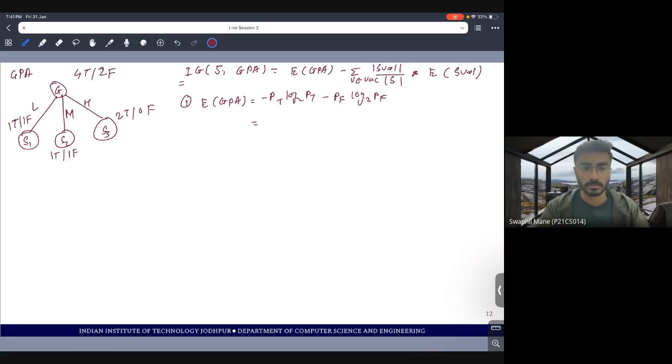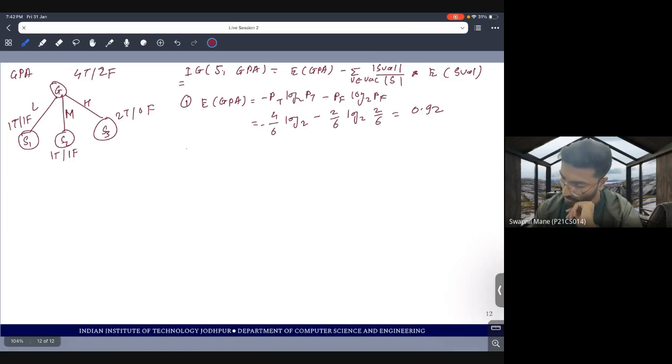So 4 divided by 6 log base 2 of 4 divided by 6, minus 2 divided by 6 log base 2 of 2 divided by 6. We have already calculated this in the previous question, the entropy of the class, and we get the same values here, which is about 0.92 entropy of GPA.